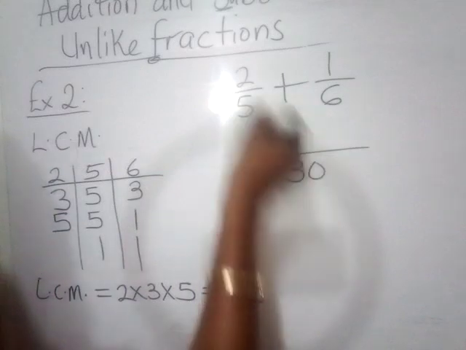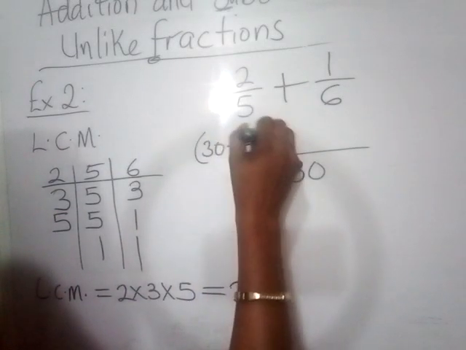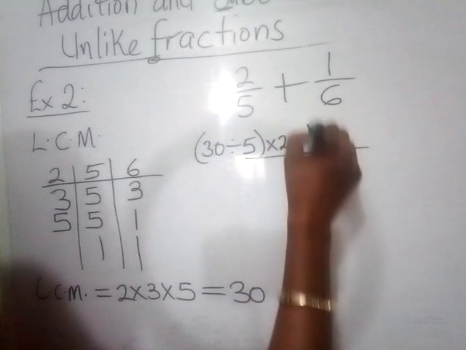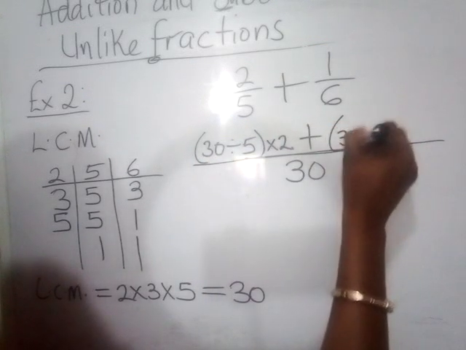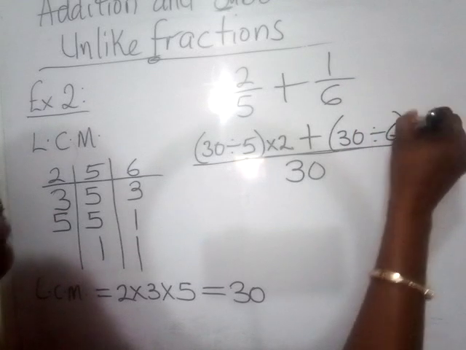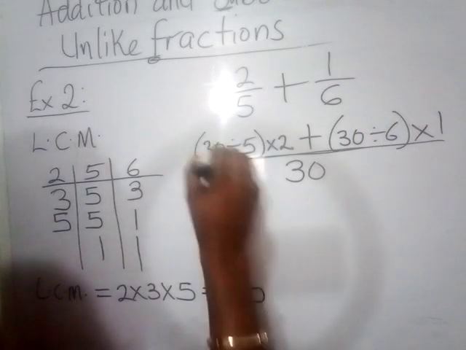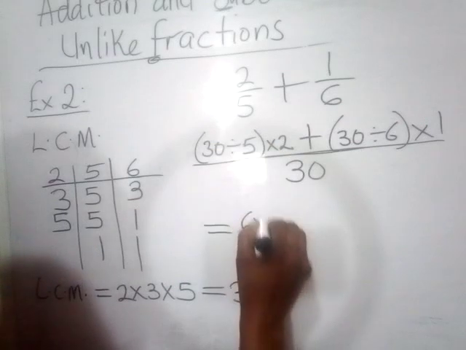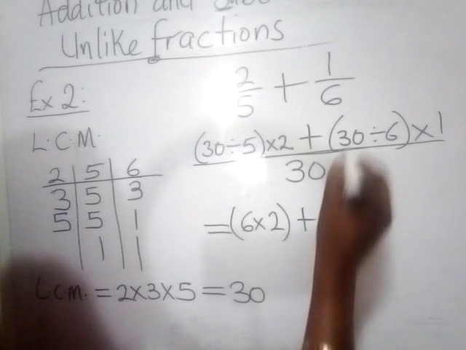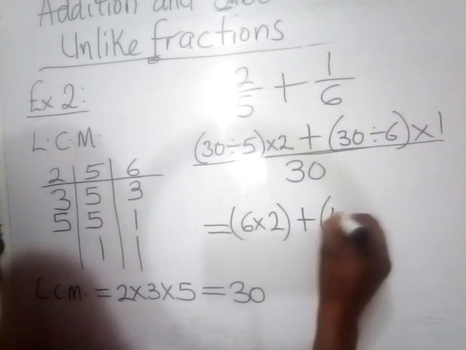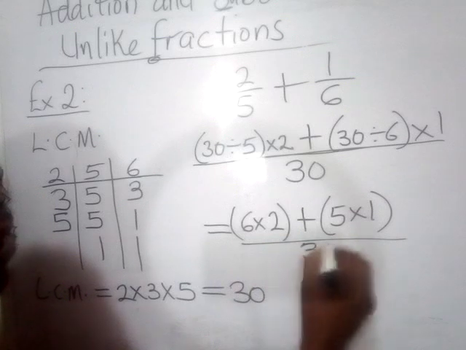So 30 divided by 5 times 2 plus 30 divided by 6 times 1. That gives us 30 divided by 5 is 6, 6 times 2 plus, let's bracket this, 30 divided by 6 is 5. So you have 5 times 1, everything over 30.